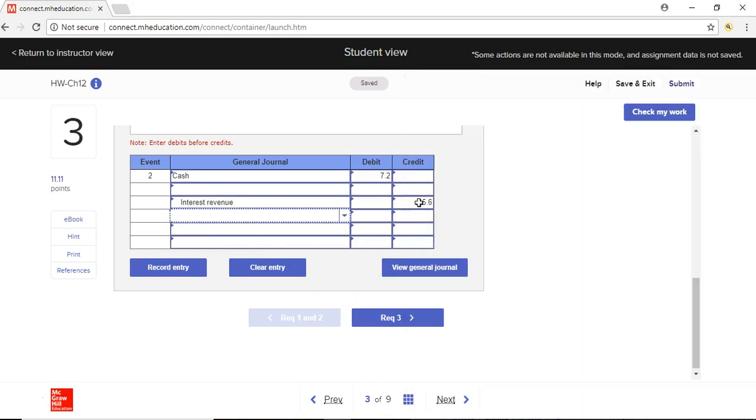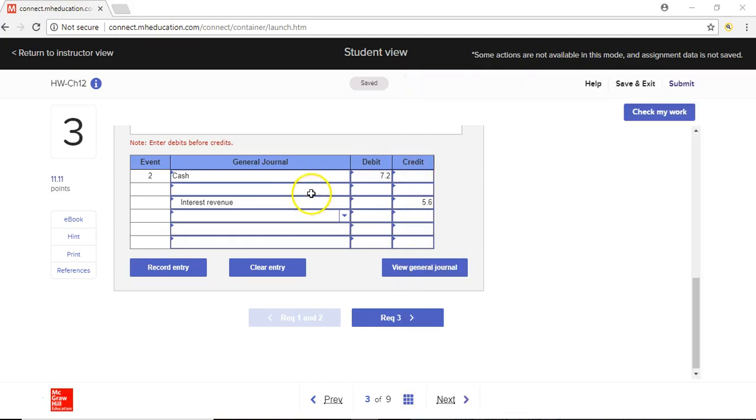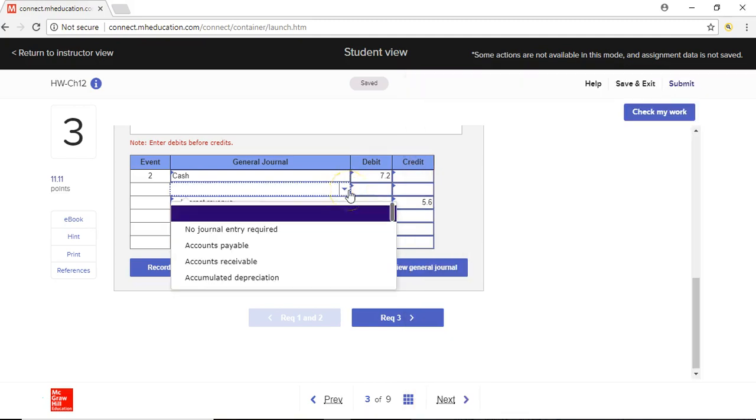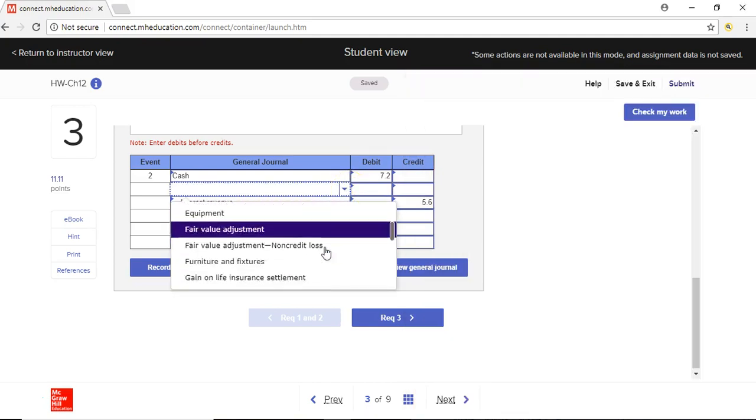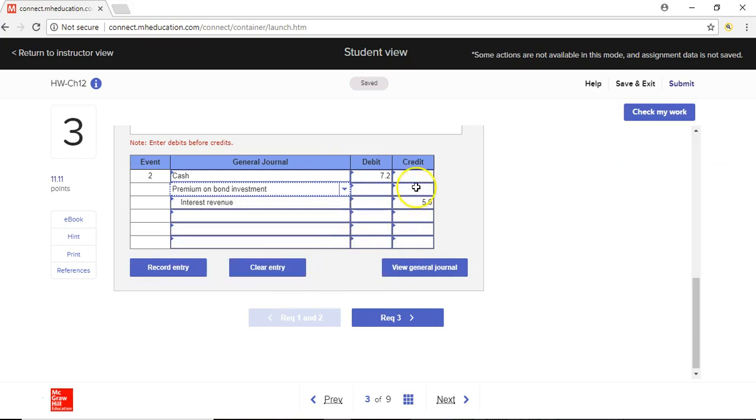The difference is the amortized premium, $1.6 million. So we need the plugging on the credit side: premium on bond investment for the difference, $1.6 million.